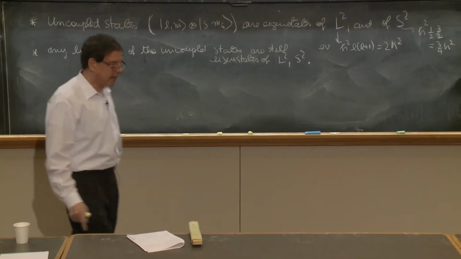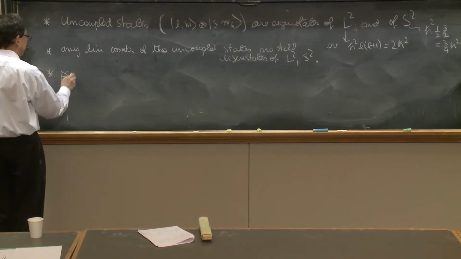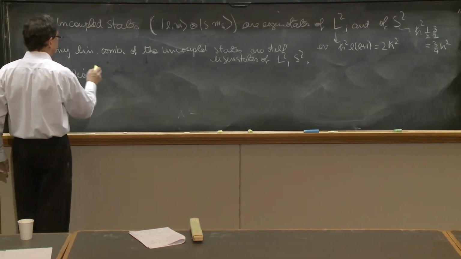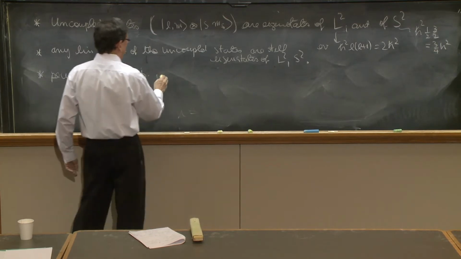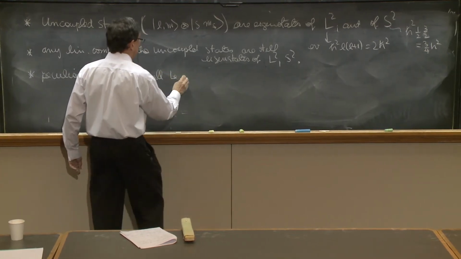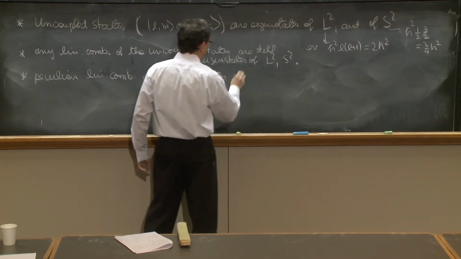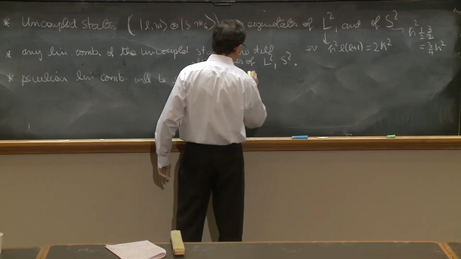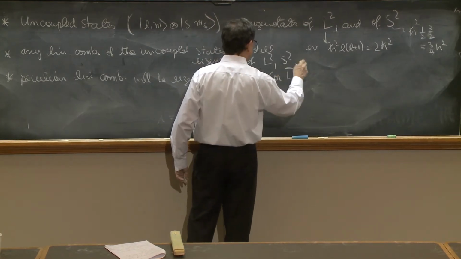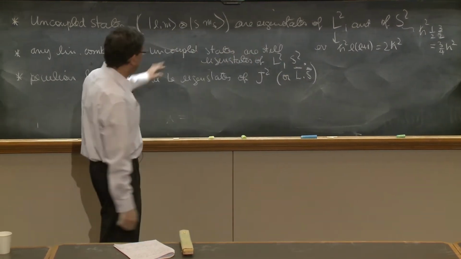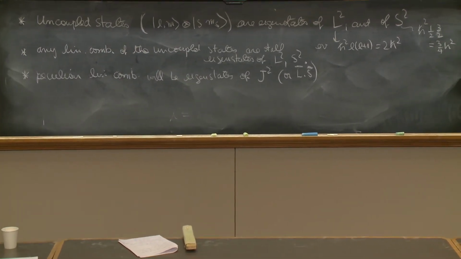So peculiar linear combinations will be eigenstates of J squared or L dot S, which is the same thing up to a constant, because they're anyway eigenstates of L squared and S squared.